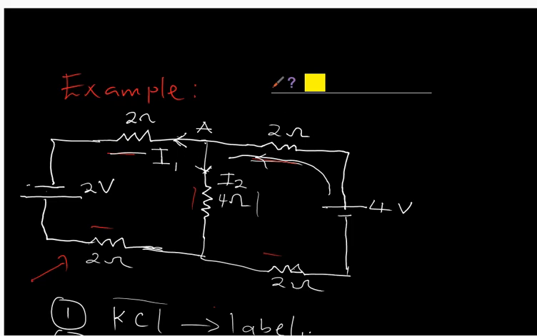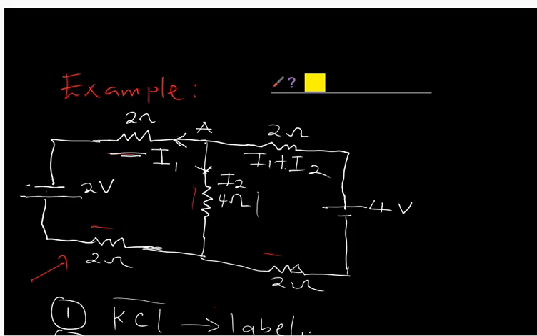So invariably I can conclude that the current passing through this 2 ohm resistor is equal to I1 plus I2. So I've been able to label this current and this one here.